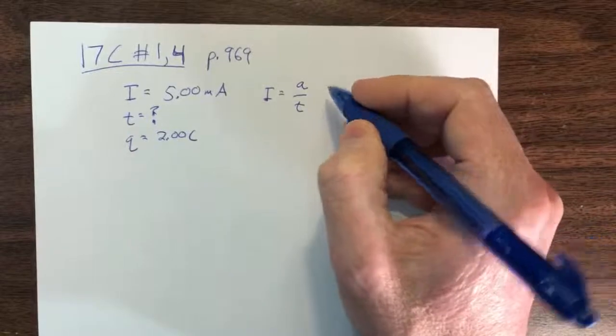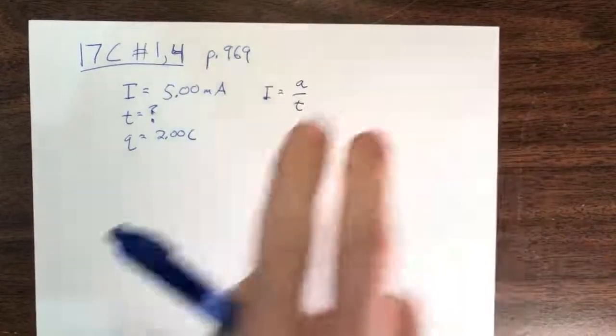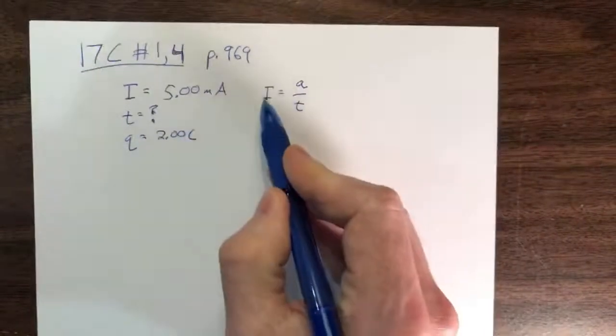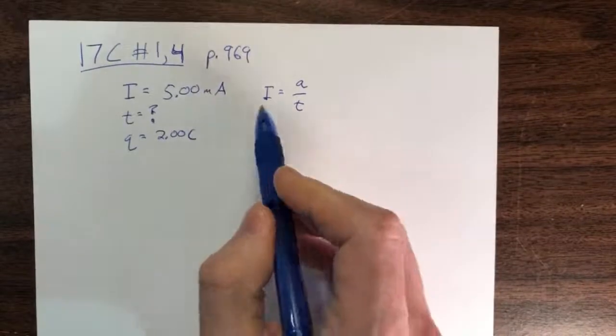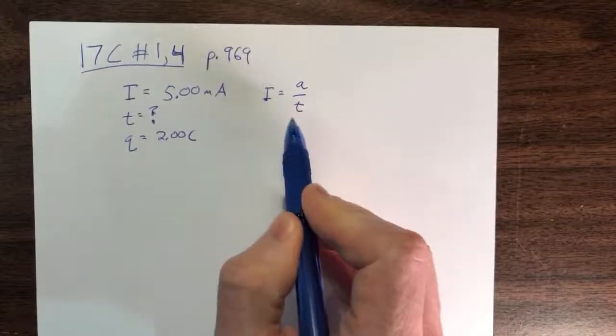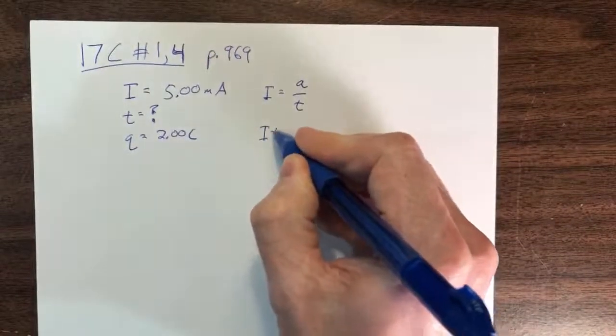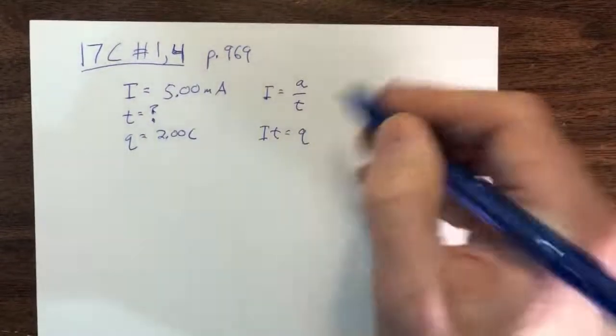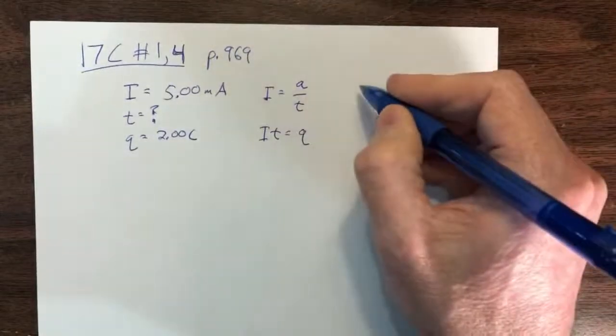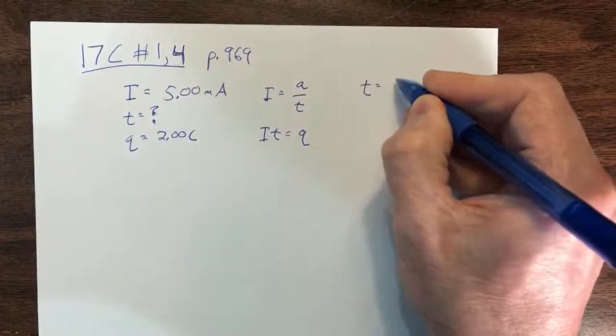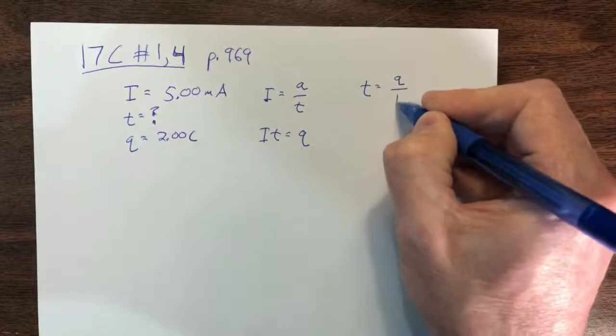Right now I'm going to flip this around first. Anytime you have it set up like this, you can just flip I and T, or you can do it in 2 steps: multiply both sides by T, so I T equals Q. And solving for T, divide both sides by I, which gives you T equals Q over I.